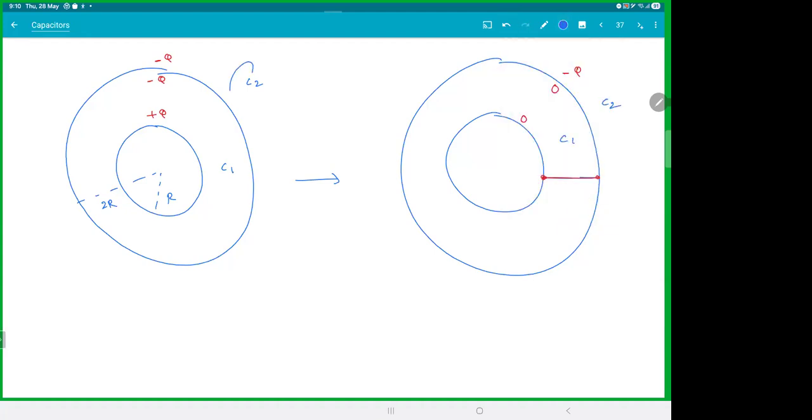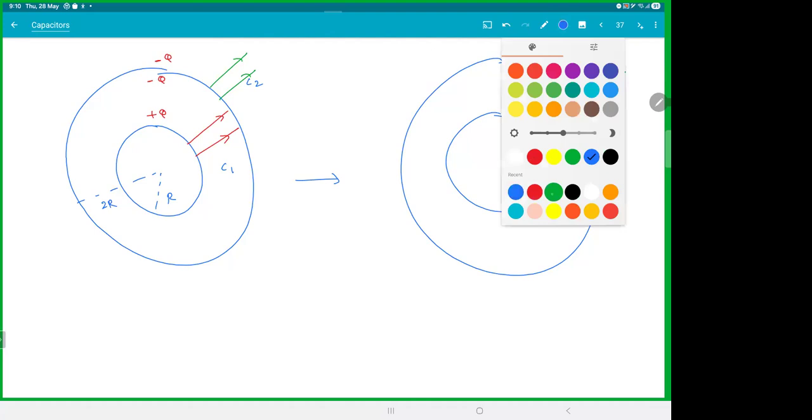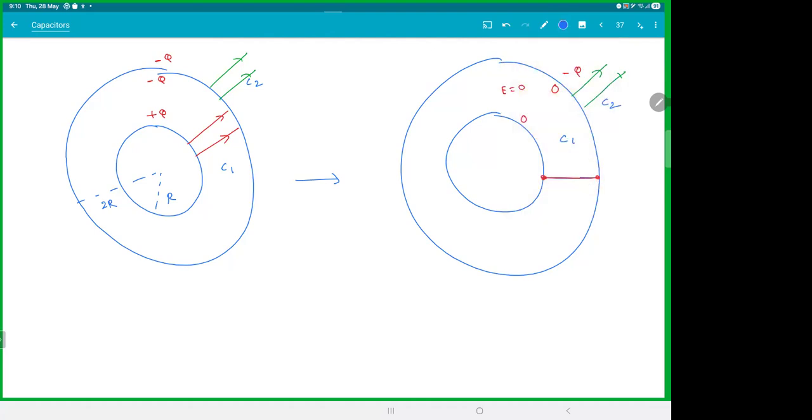The C2 capacitor remained exactly the same, minus Q, minus Q. So outside, nothing happened. What changed was the field lines inside. So these field lines vanished. Outside, the field lines were unaffected. They were happy, normal, as usual. But the field here became zero. So from here, can I clearly say all the energy in the C1 capacitor became heat?